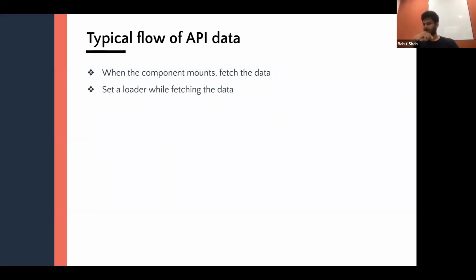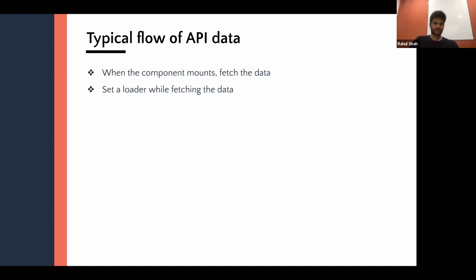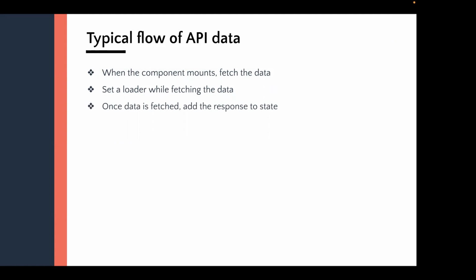Right. And then when we get the data, what do we do with that? We set the data to the useState. Perfect. So we set it in the state variable. Then anything else that needs to be done? We just set that loader state to false.